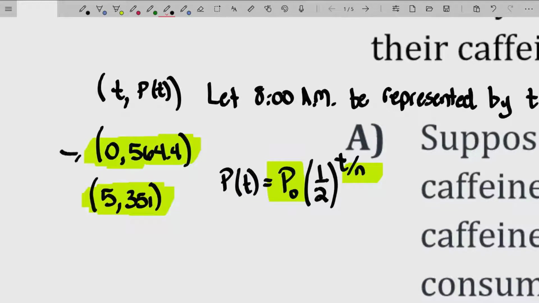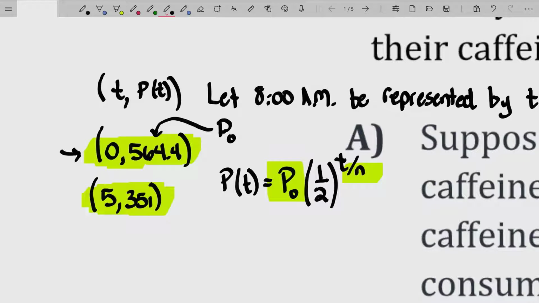Likely this one right here, because obviously that's a super nice condition. That is going to tell us at time 0, we have 564.4 milligrams of caffeine in the system. That is our initial amount. So this right here is P naught. Notice that I don't actually substitute it in. I want you to have a more natural understanding of the information.